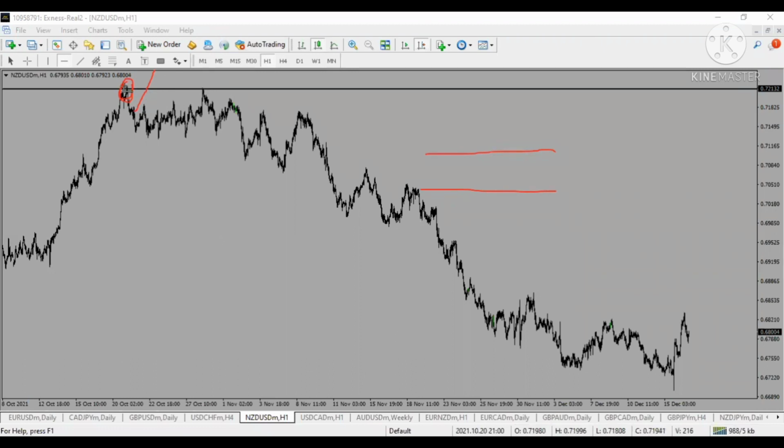See this top and this top. So this is a double top, turning out to be a very strong resistance. If a candle closes above this point, then it will become our support to the next higher high. I hope you understand me. Let me demonstrate that.